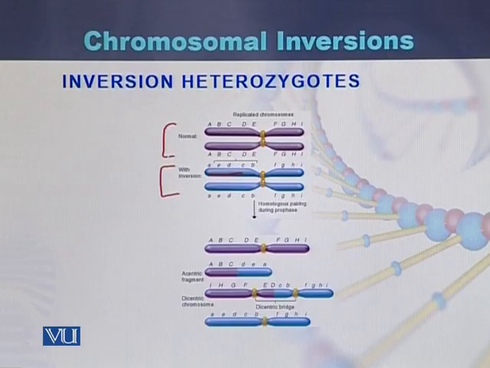If one of the strands has an inversion and the second strand does not, such an inversion is called heterozygote, and the individuals are called inversion heterozygotes.